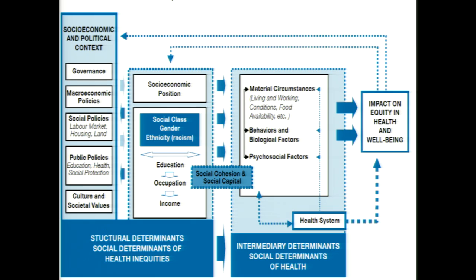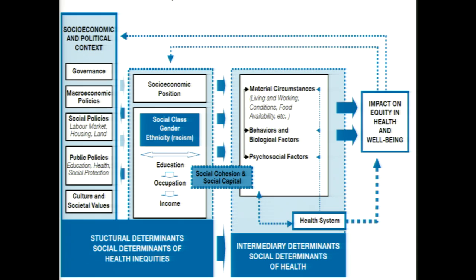And so the other thing I just wanted to point out is that when we talk about complex, so does anyone know what this is? This is from WHO, the Commission on the Social Determinants of Health. There was a landmark report that was launched and released in 2011 called Closing the Gap in a Generation.